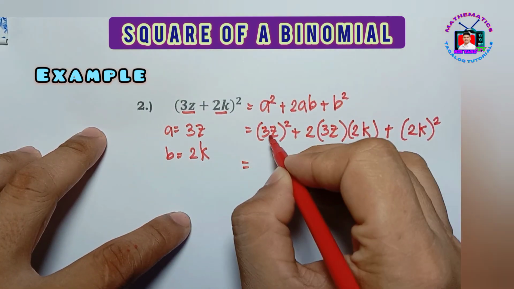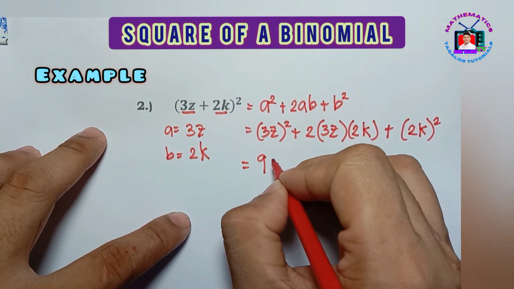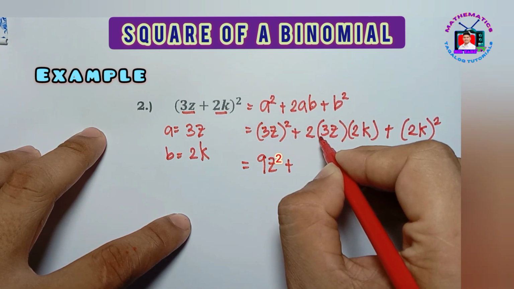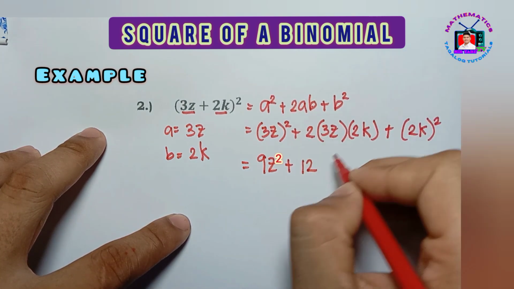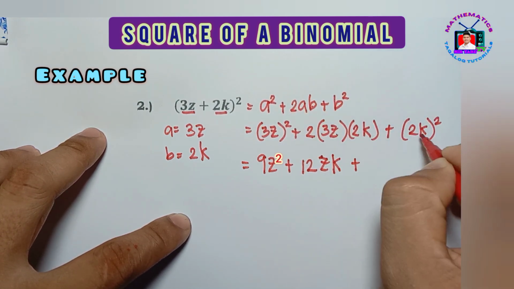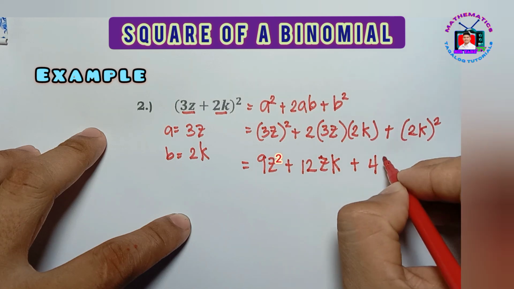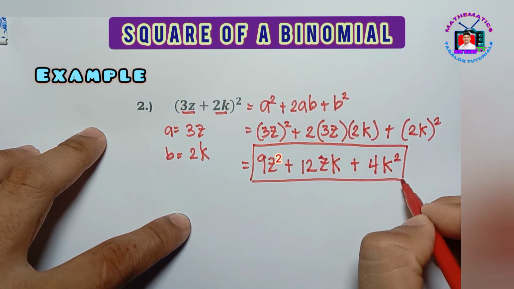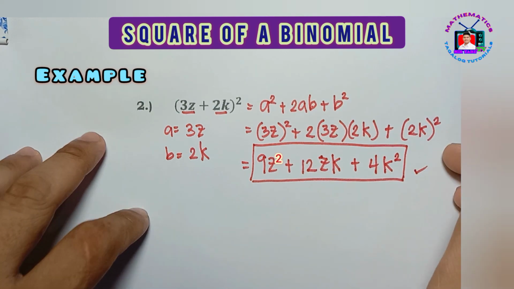So we have 3 squared is 9, z squared, bring down, 2 times 3 times 2 is 12. Then z and k, just copy, we can't add their exponents since they are not the same variable. Then (2k) squared, 2 squared is 4k squared, bring down. So that is our perfect square trinomial for example number 2.